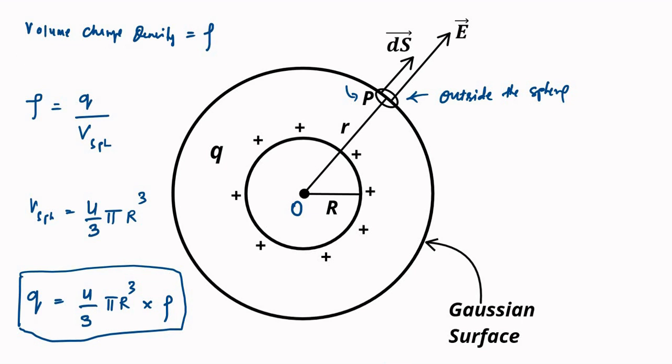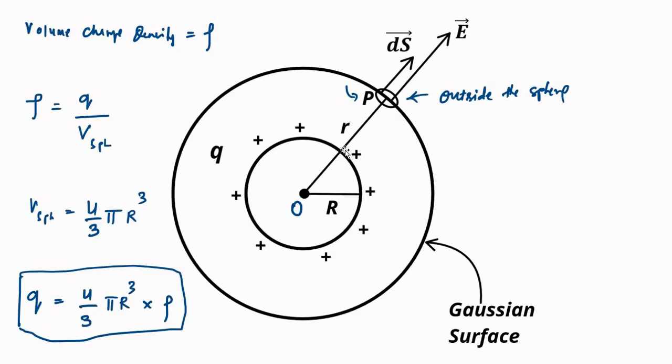Now we know that according to the rule, electric flux phi E is equal to the closed surface integration of the dot product of the electric field vector and the area element vector.